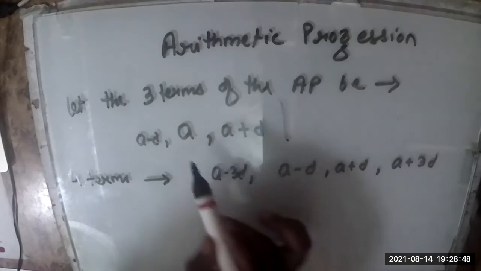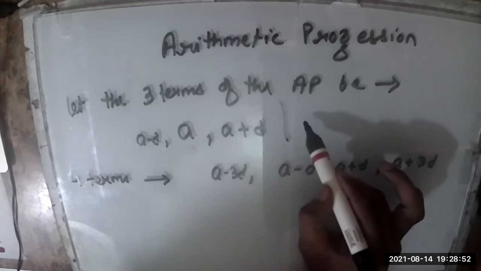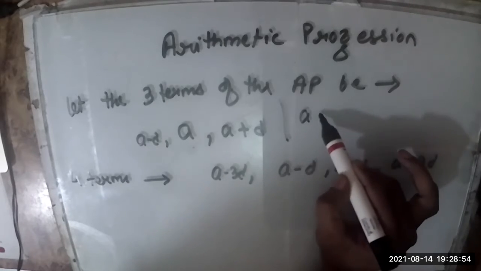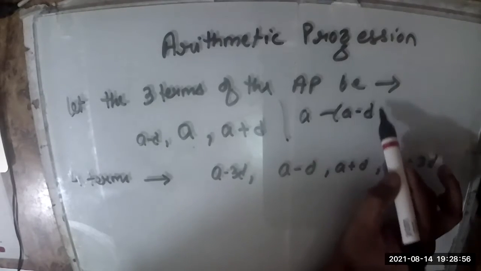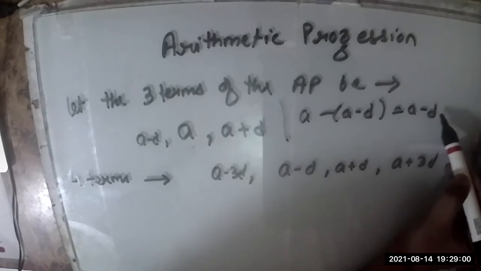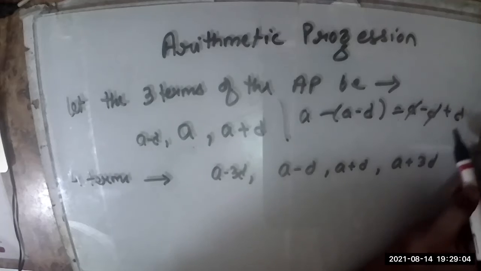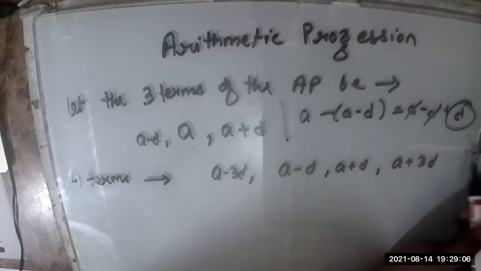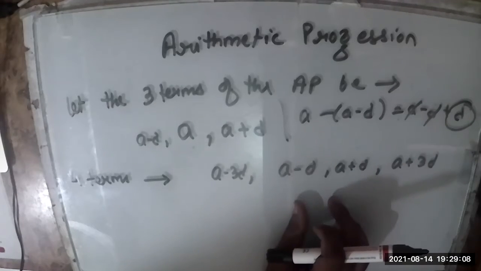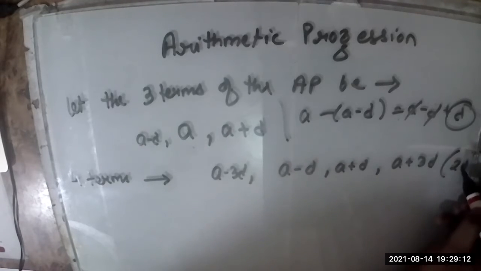If you want to check, just subtract any number from its previous number. When we subtract A from A plus D, what do we find? A plus D minus A, A and A cancel. The common difference will always be D. Similarly, in these two, the common difference will be 2D.